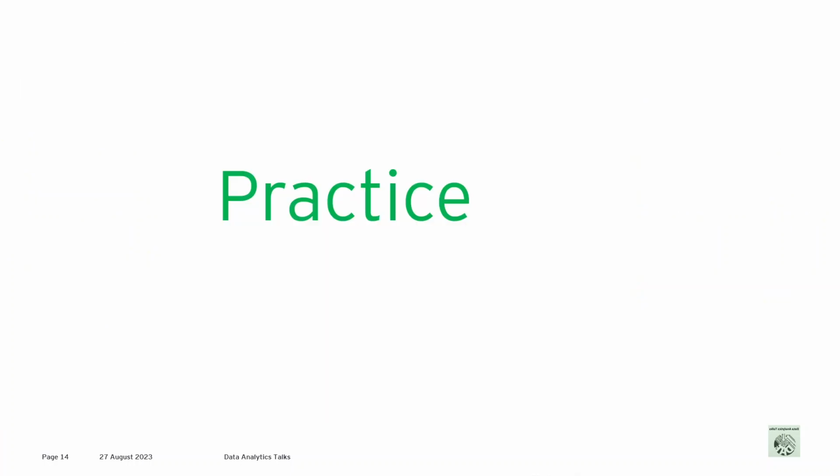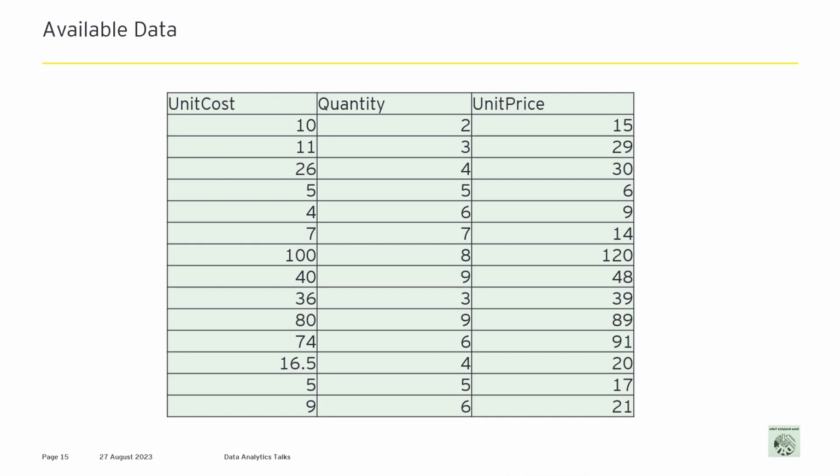Yes, before completing this session, I would like to share some tips so that you can complete this exercise. First of all, you need to create a table in Power BI. You can have any values for unit cost, quantity, and price. So it is simple. You go and create a new table and copy paste your data.